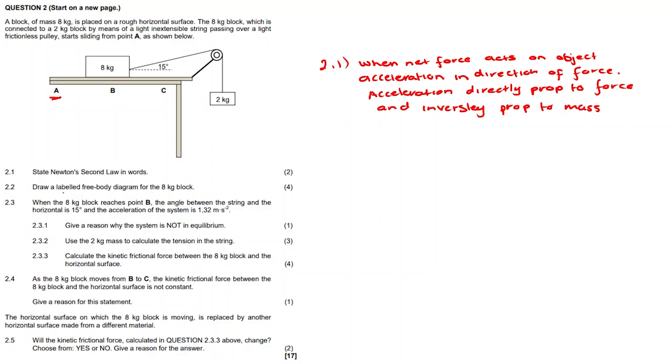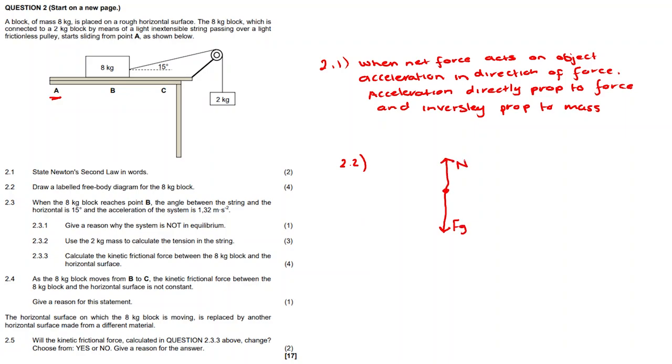Question 2.2. Draw a labeled free body diagram for the 8 kg block. So here's our 8 kg block. On all objects that are on a surface, gravity pulls it down, so we can say Fg. Corresponding to that, we have a normal force pulling it up.